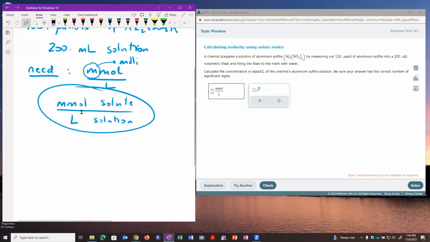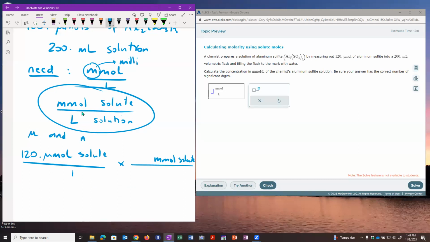So really, this just boils down to some conversions. If we have 120 micromoles of the solute, the aluminum sulfite in this case, we want to end up with millimoles of the solute. What's the relationship between micro and milli? Which is the bigger unit?